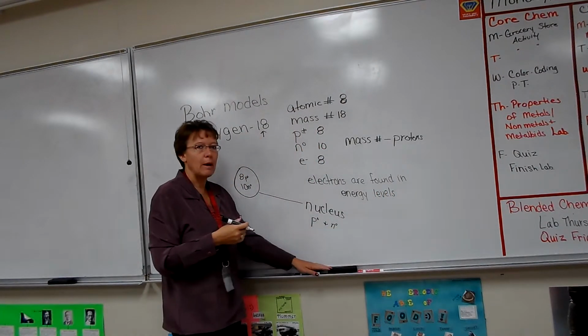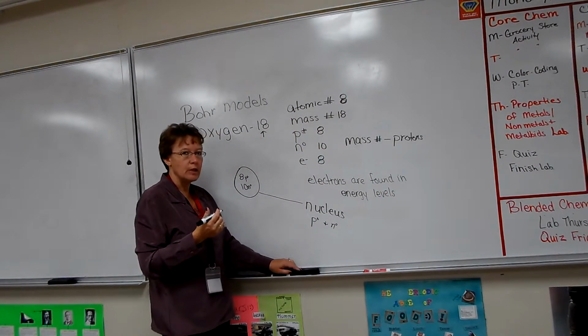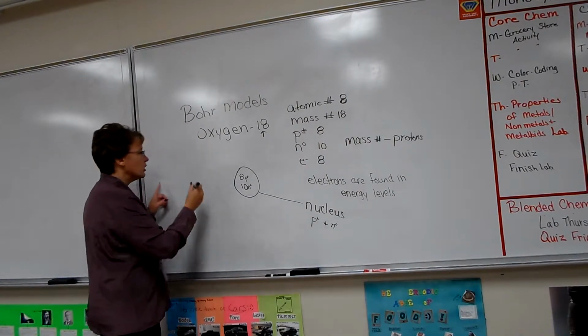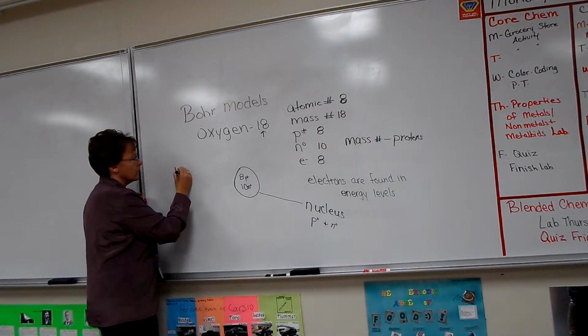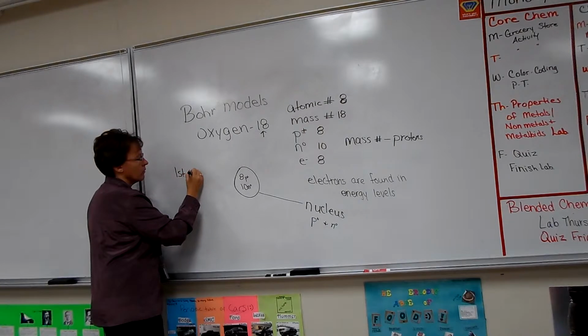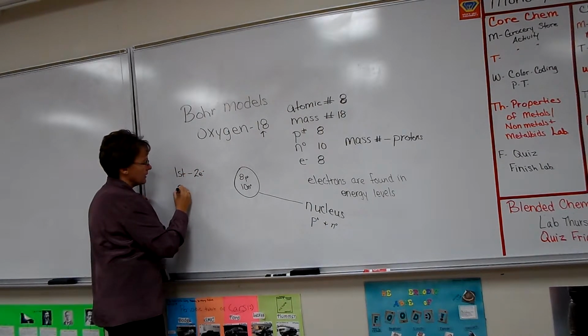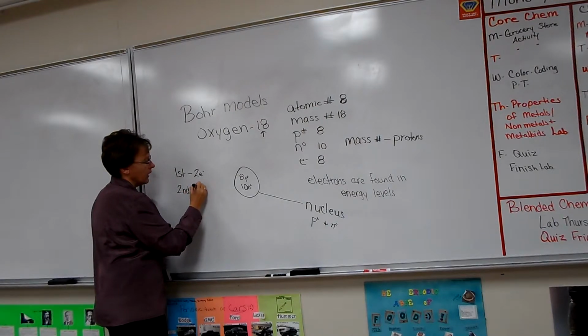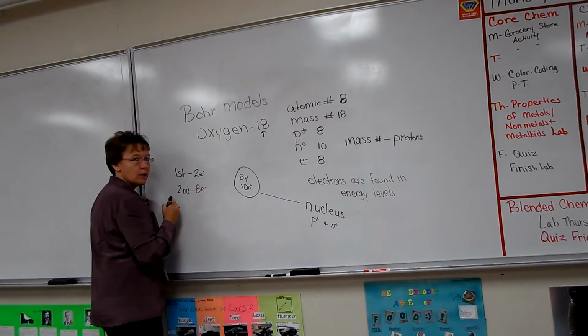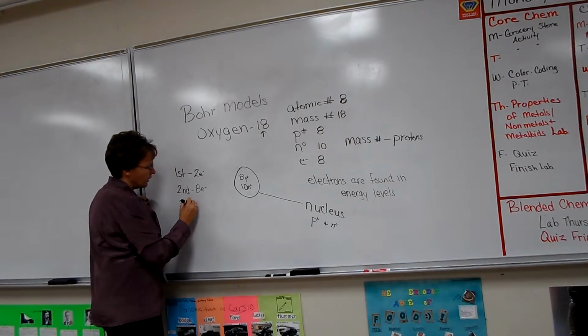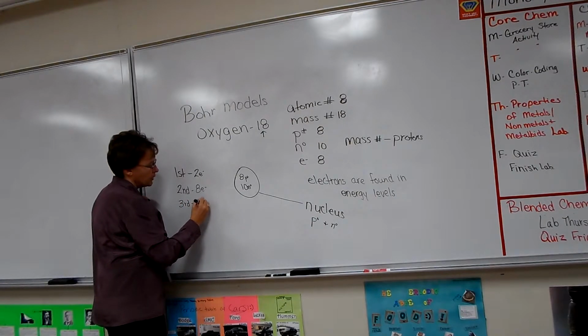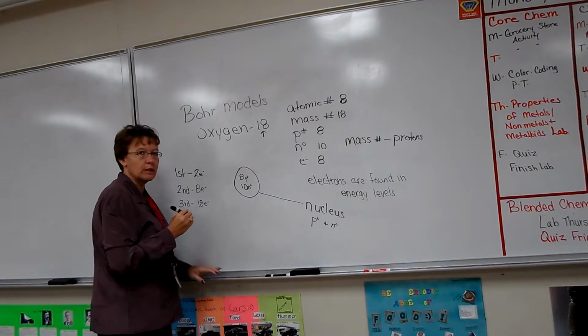And only a certain amount of electrons are allowed in each energy level. Okay, so for our Bohr models, the first energy level can have up to 2 electrons. The second energy level can have up to 8 electrons. And the third energy level can have up to 18 electrons.